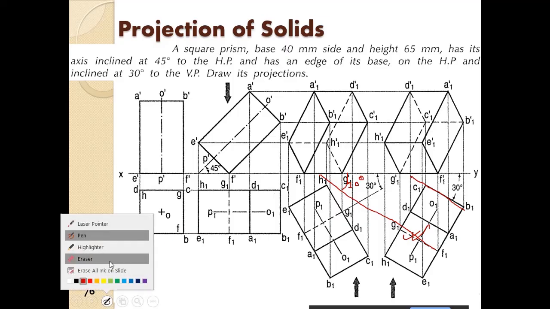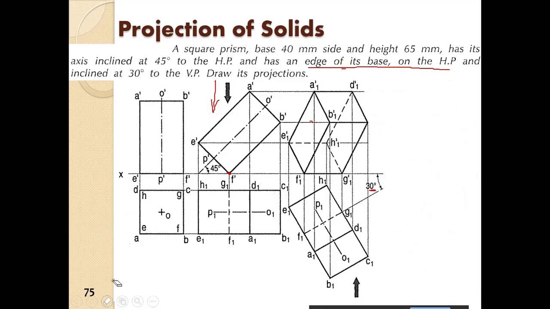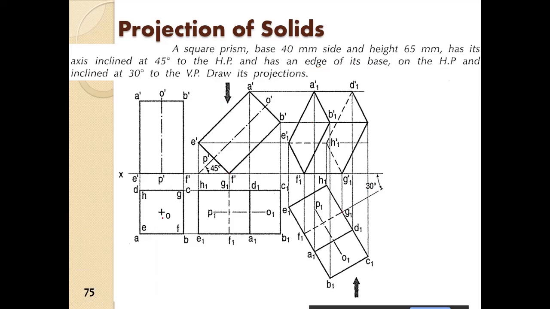Right, both of the answers are correct. You may finish up to here only, so this is correct. So this is the top view, and this is the front view.